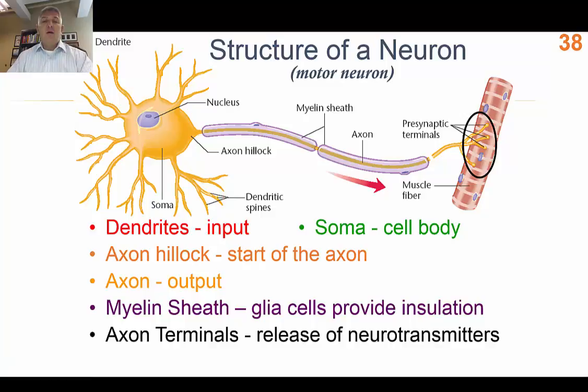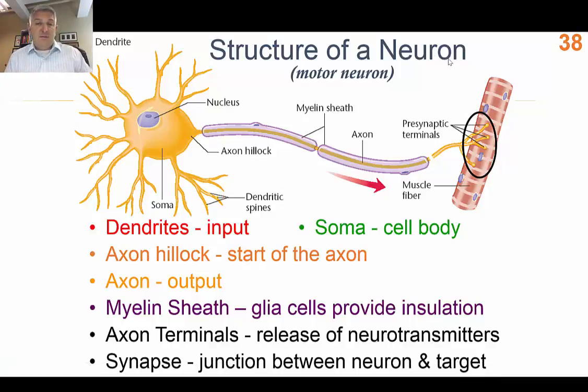So remember, we talked about electrical signaling happens within a neuron. Chemical signaling happens between neurons. So the dendrites are receiving chemical signals in the means of neurotransmitters, typically, or hormones, converting that chemical signal into an electrical signal that travels all the way down to the axon terminal, where we now have to go from an electrical signal back to the release of neurotransmitter, which is a chemical signal.